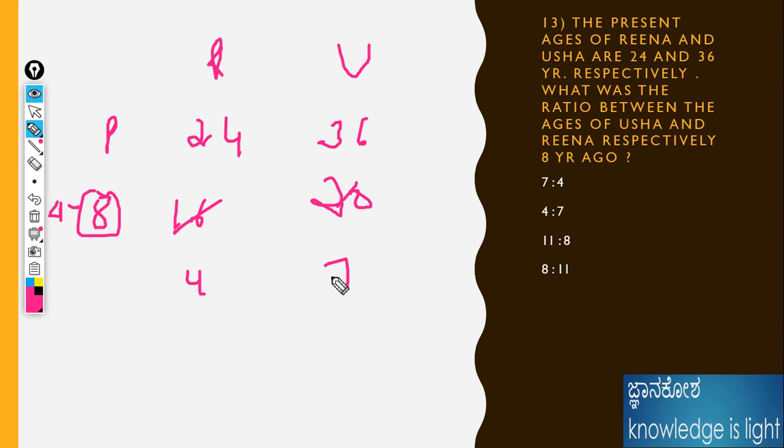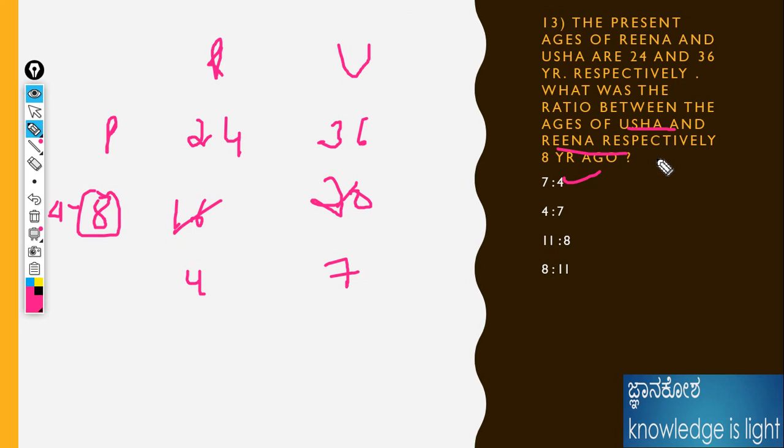4 is to 7, for the 28. The question is asking about the ratio between Usha and Reena. Therefore, 7 is to 4. See, the thing is, we can easily solve any of the problems, but we need to see what the question is asking. Sometimes we will simply be mistaken. A simple mistake is a headache in any exam.